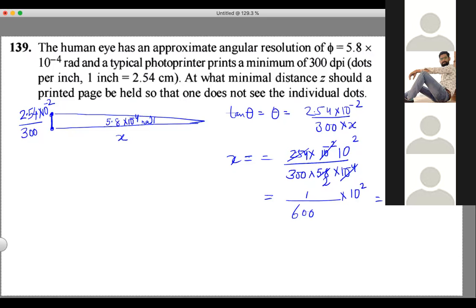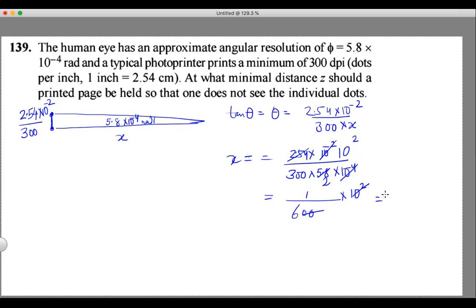So 1 by 6 meter, or 100 upon 6 centimeter, which is 16.7 centimeter.